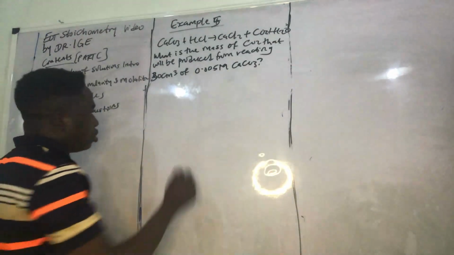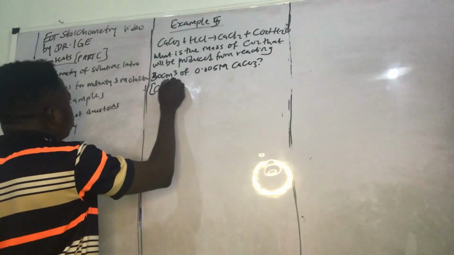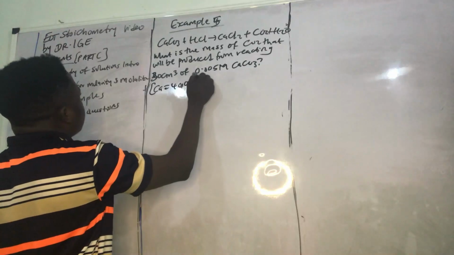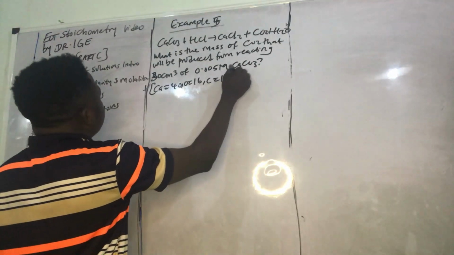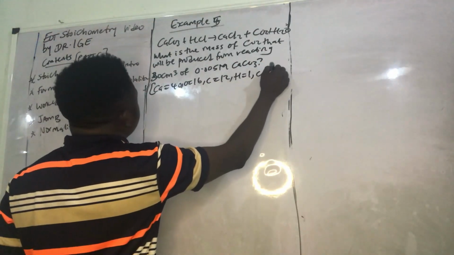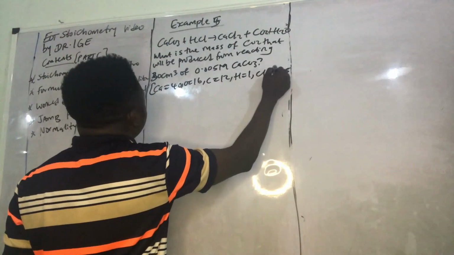Very good question, right? Ca is equal to 40, O is equal to 16, carbon is 12, H is 1, Cl is 35.5.